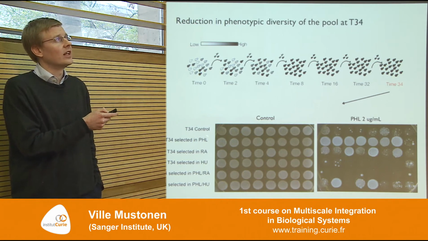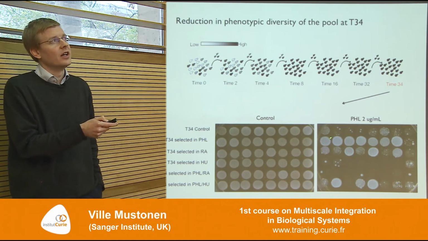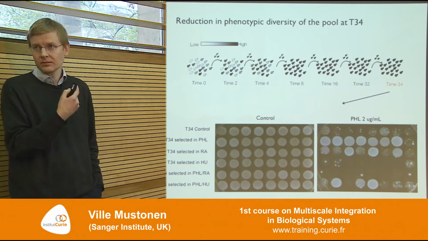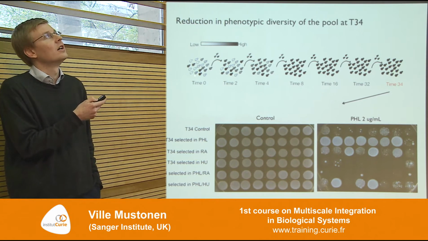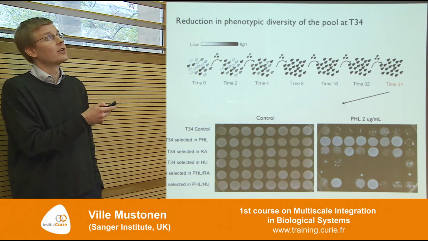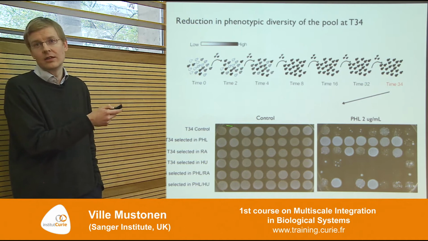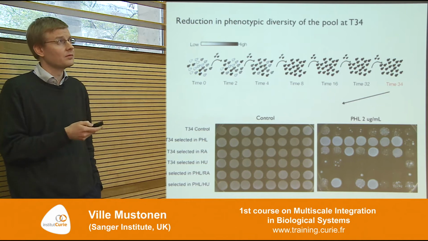But the one that was selected in phleomycin, so the whole duration was under phleomycin, is now enriched with individuals that can grow nicely in the phleomycin condition. So clearly selection has done something during the experiment. These are the time points that we have sequenced: 0, 2, 4, 8, 16, and 32 days for this experiment. So we have 6 time points.